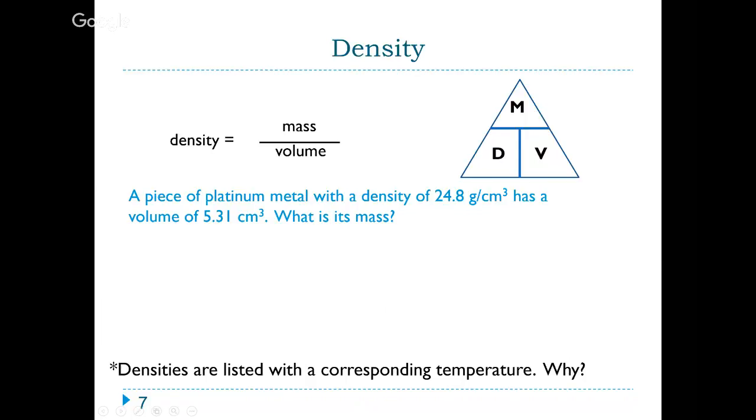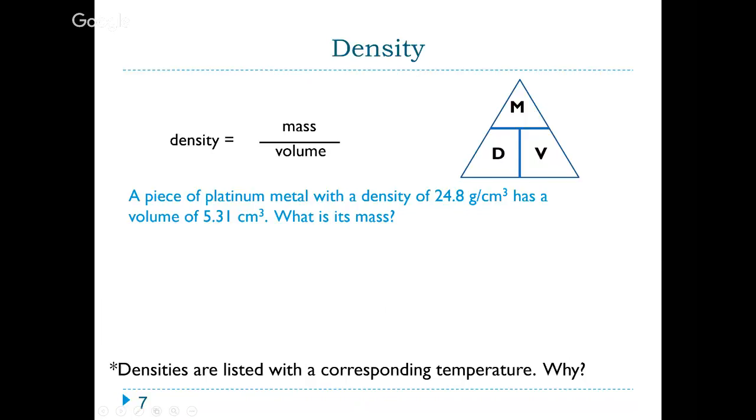My vertical line means that whatever's next to each other, I multiply together. So if I was asked to find the mass, I multiply density times volume. And lastly, if I wanted to find volume, I take the mass and divide it by the density. This is how this little triangle works. You cover up what you need and you see the relationship between your other two variables.